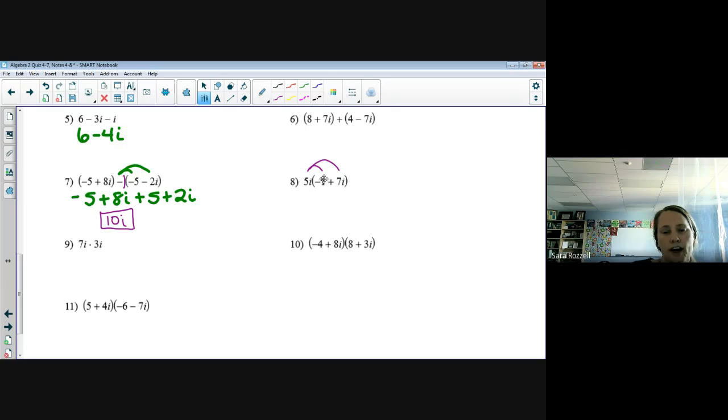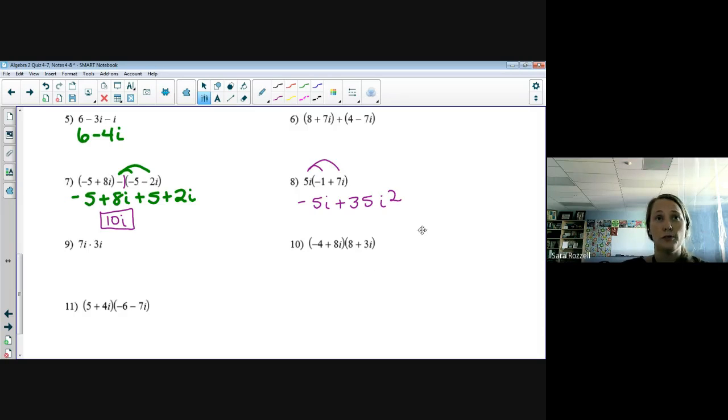Okay. So 5i times negative 1 is just negative 5i. And 5i times 7i is 35i squared. Right? If you have i times i, it makes i squared.